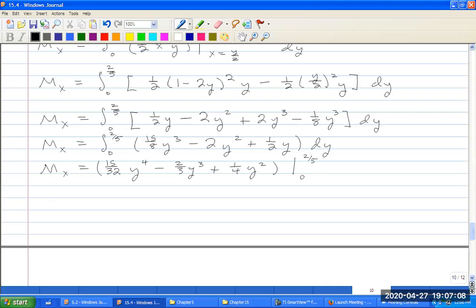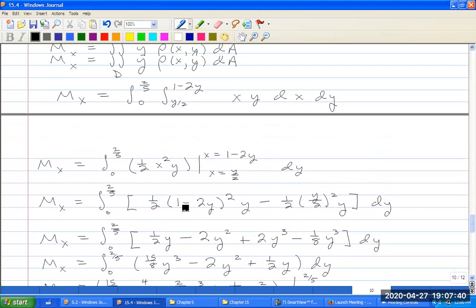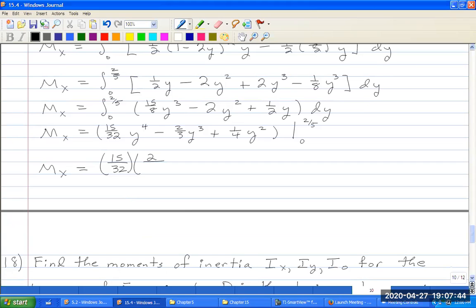Okay, so plug in 2 over 5 to the power 4 minus 2/3, 2 over 5 cubed, plus 1/4, 2 over 5 squared, minus 0.